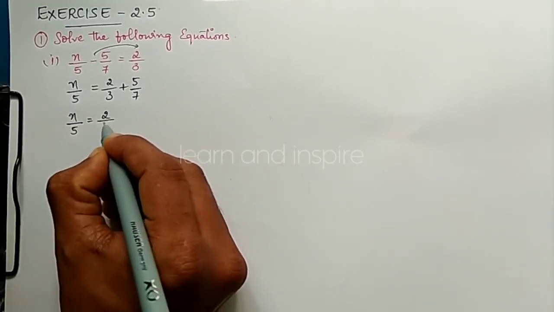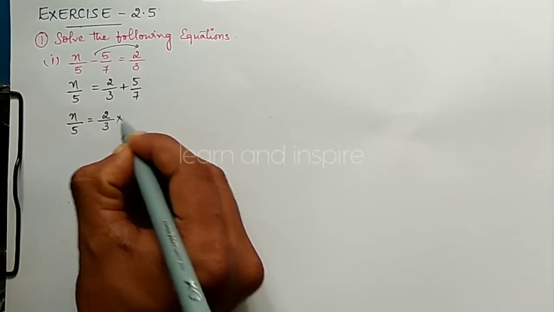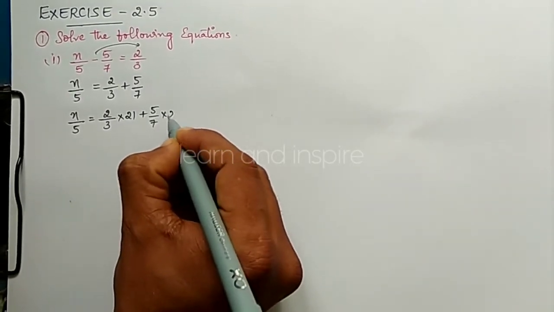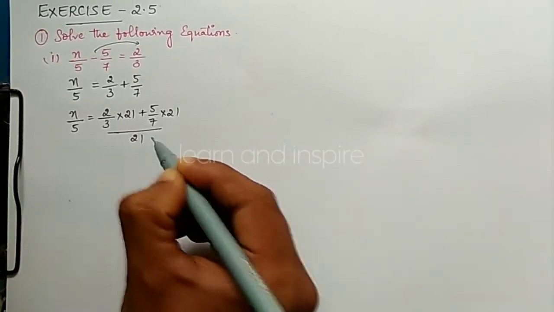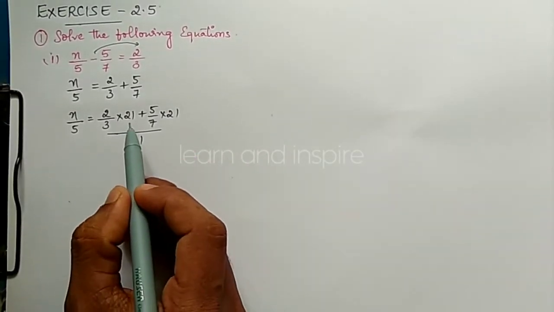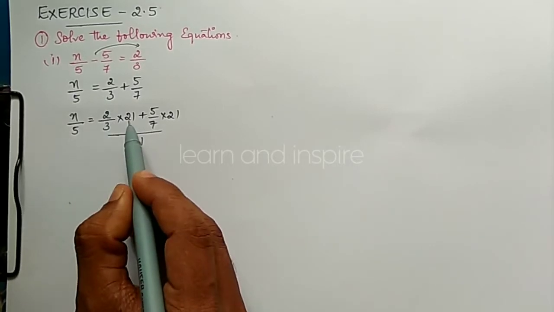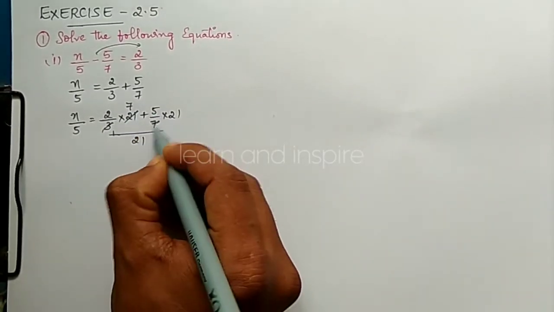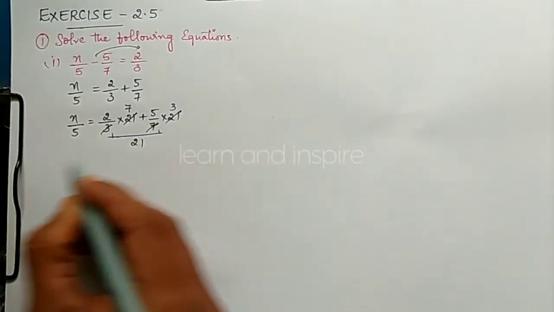So we multiply 2 by 3 into 21 plus 5 by 7 into 21, divided by 21. The LCM is 21, so I am multiplying each fraction with 21. 3 1s are 3, 7s are 7; 1s are 7, 3s are 21.